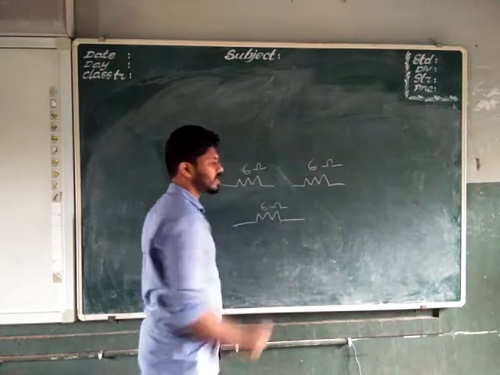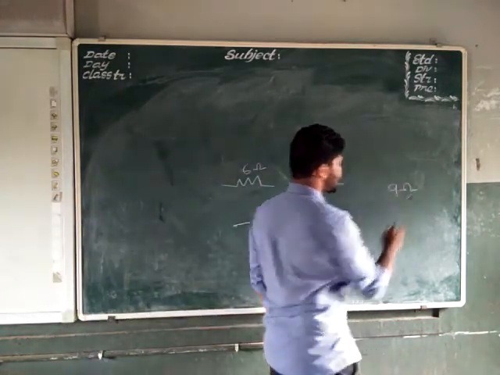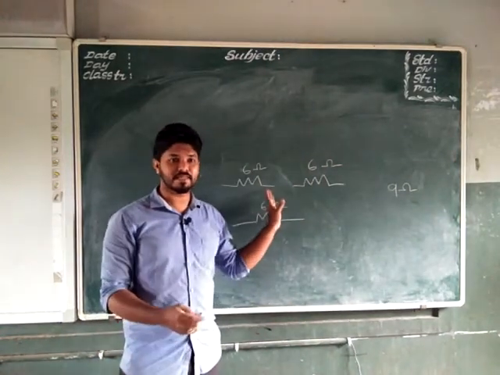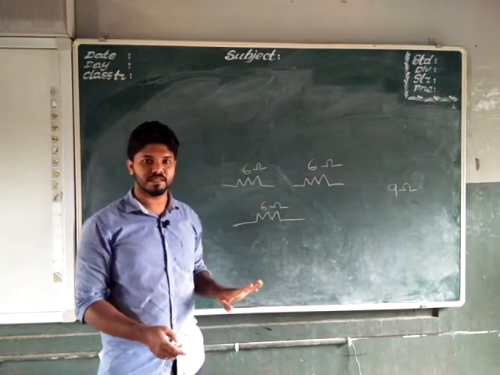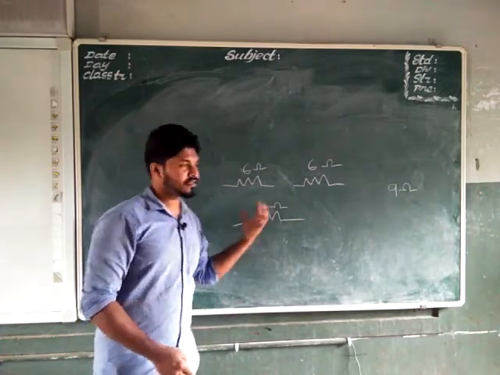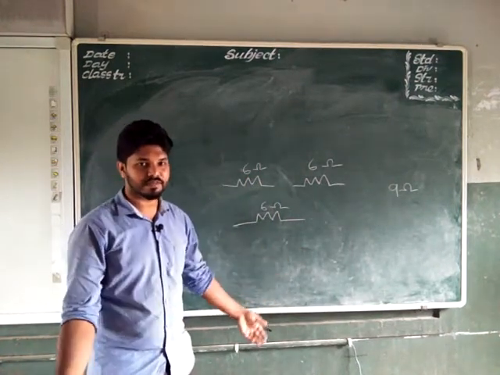You have to make 9 ohm using these 6 ohm resistors. What happens if we connect them in series? It will give us 6 plus 6 plus 6, 18. What happens if we connect them in parallel? 6 by 3, that gives us 2 ohm.